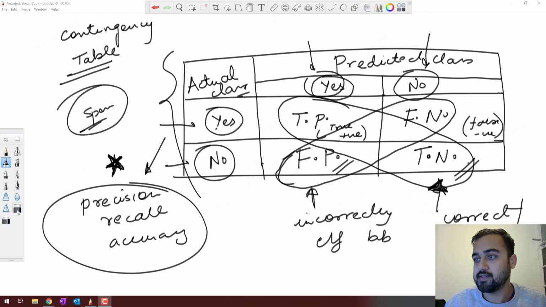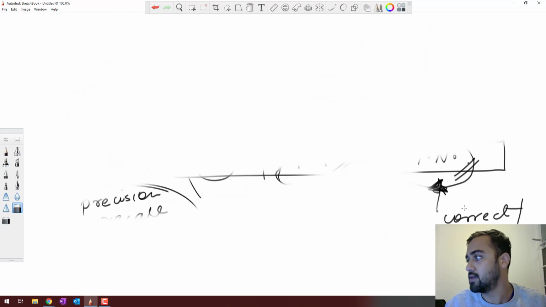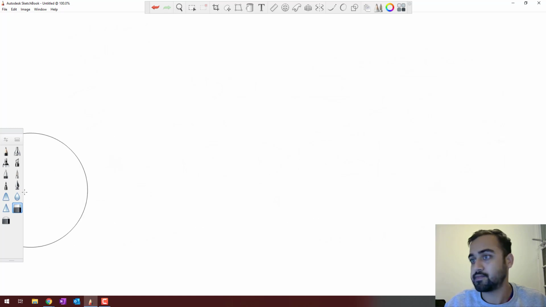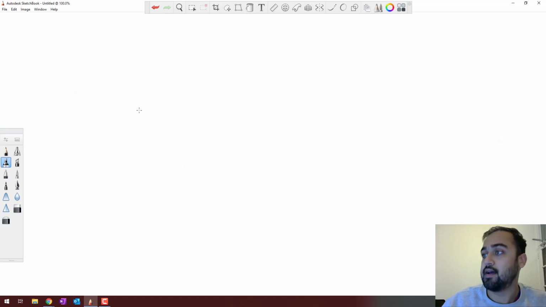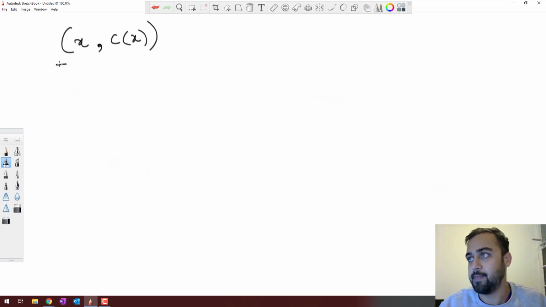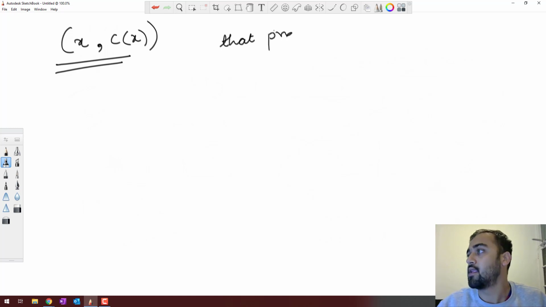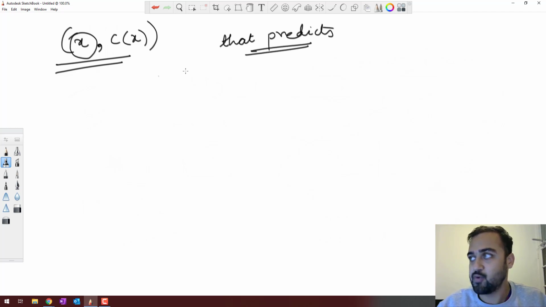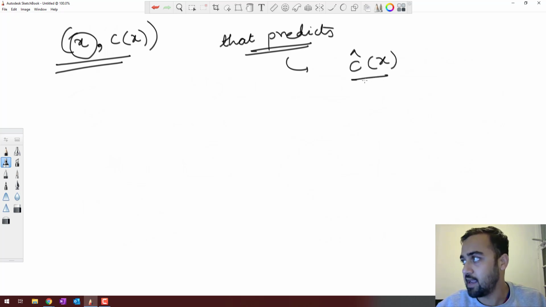So now that brings us to accuracy. Let's say you have a data point X and an associated label C(X) with it, right? And you have a linear classifier or a classifying algorithm that, when the input X is provided, outputs a class value C hat(X) for it.